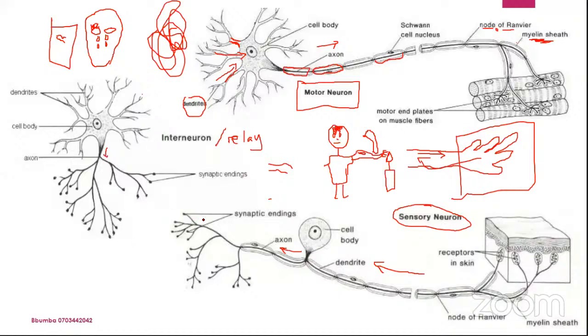That gap in between one nerve cell and another is called the synaptic gap. These synaptic endings are the ones which ensure that the impulse crosses from this sensory neuron to the next adjacent neuron. The way the impulse crosses is that there is a chemical in the synaptic endings which is produced in the gap. That chemical comes and attaches onto the synaptic endings of another neuron, normally the dendrites here. And then it makes the impulse to be generated in that next neuron.